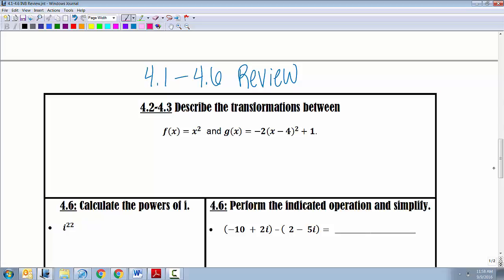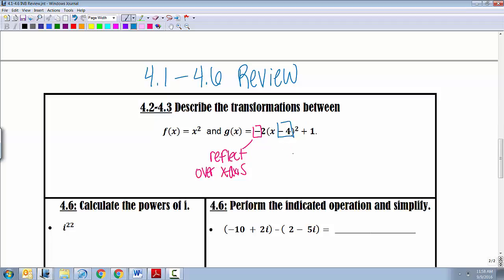Describe the transformations between the two. What does this negative all the way out in the front tell me? It's going down. What is that math term, though? The concave's down, but what's the transformation term? Reflecting. Good. It reflects over what axis? X. Good. Then you have this 4.